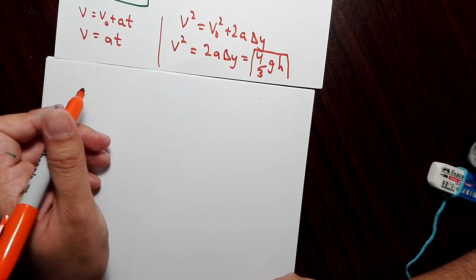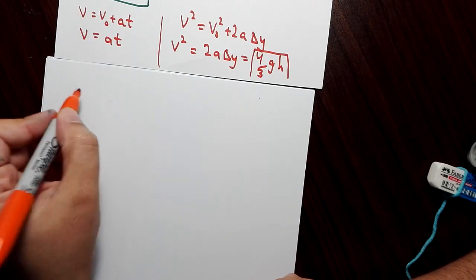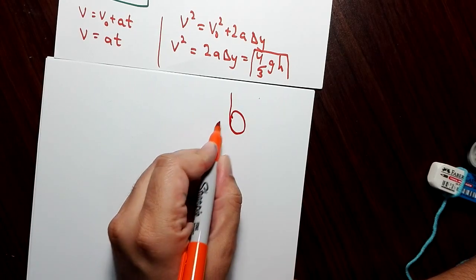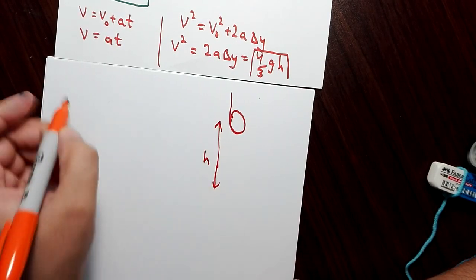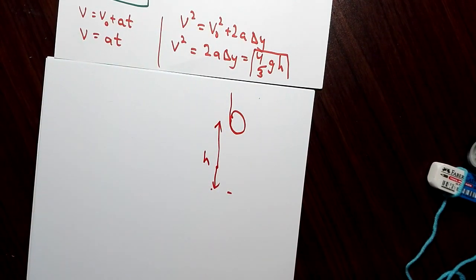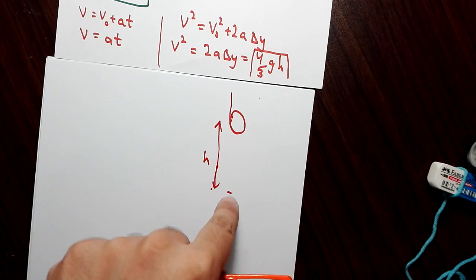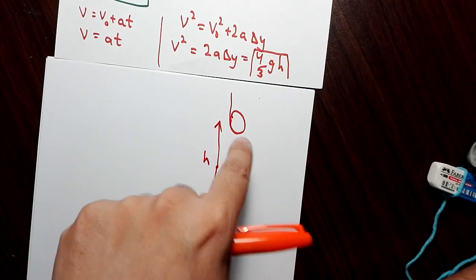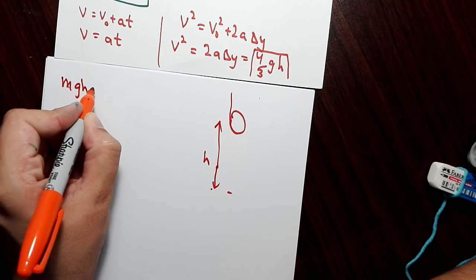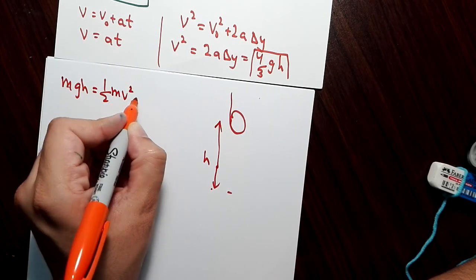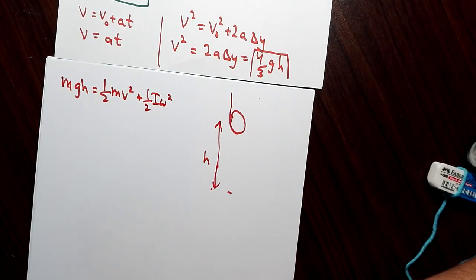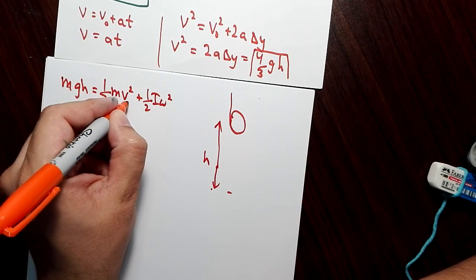Let's say that the yo-yo starts from rest and falls a height h, so it has potential energy that's converted into kinetic energy due to rotation plus kinetic energy due to translation, because rolling is a combination of rotation and translation. So you get mgh equals half mv squared plus half I omega squared. This is the rotational kinetic energy, and this is the velocity of the center of mass.